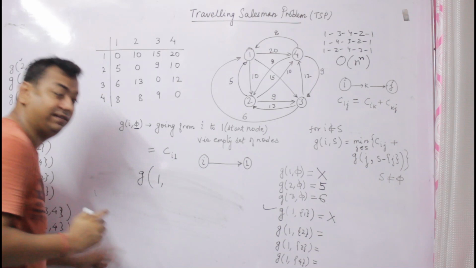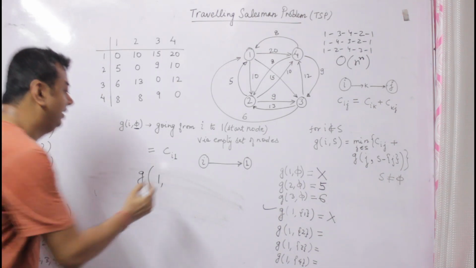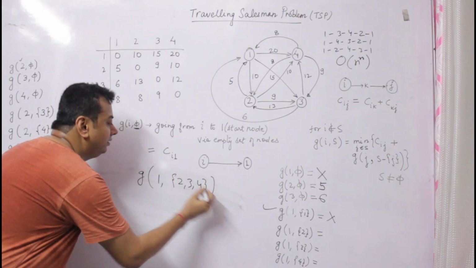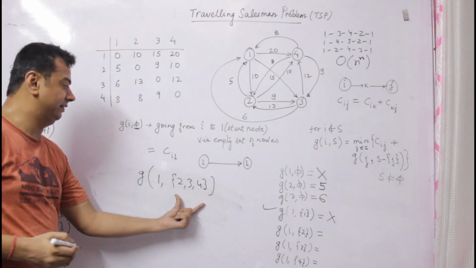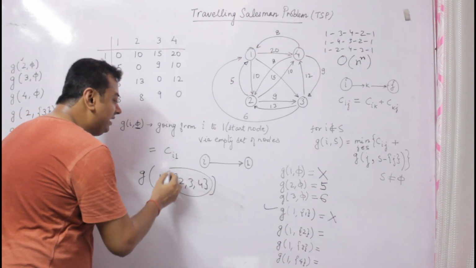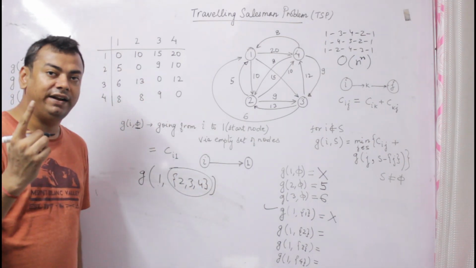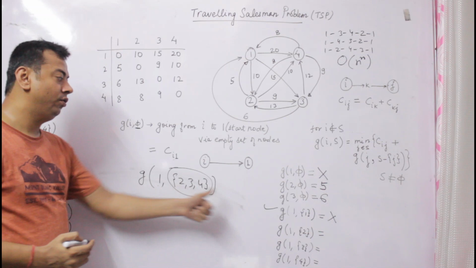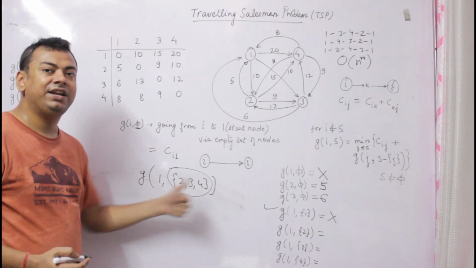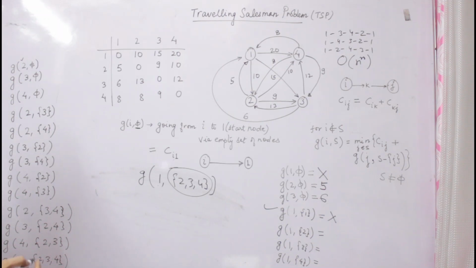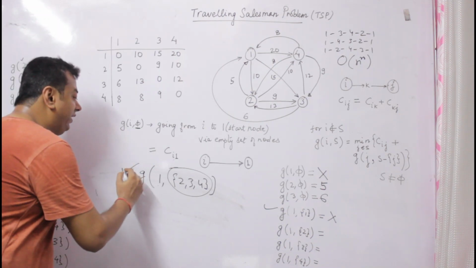I am at 1. I have to cover through this set of nodes. I have to include all these nodes in my path and return back to node 1. This G denotes that you'll have to return back to 1. So this is our goal. So we need to compute this.